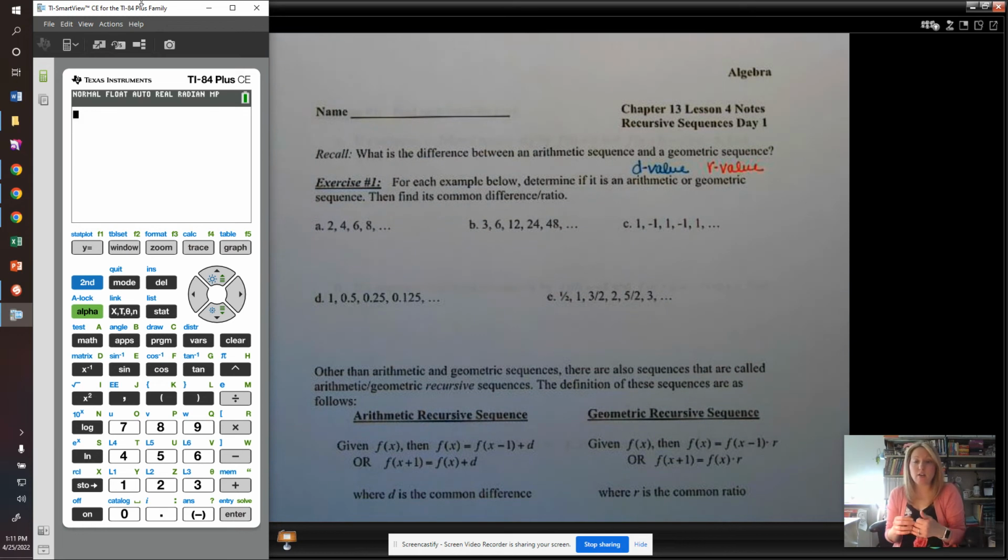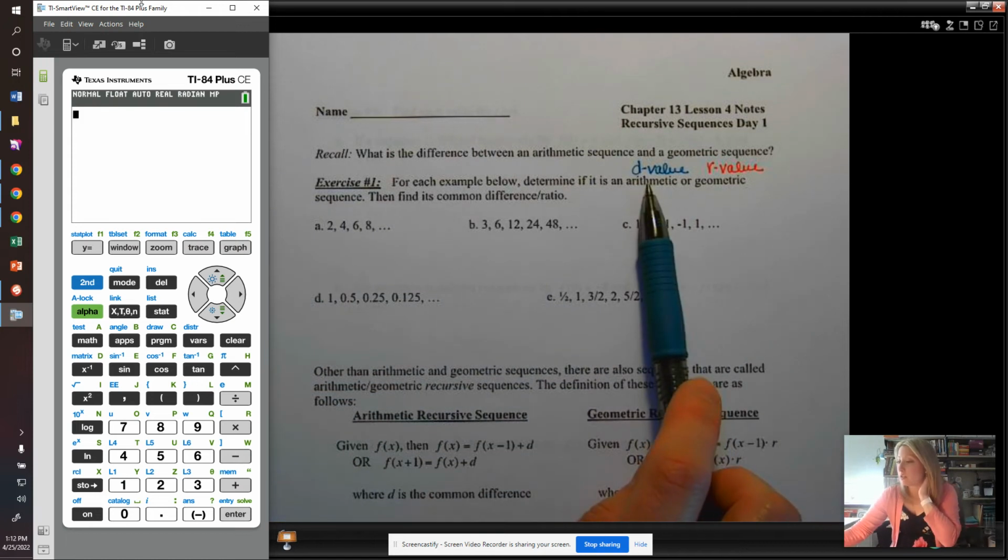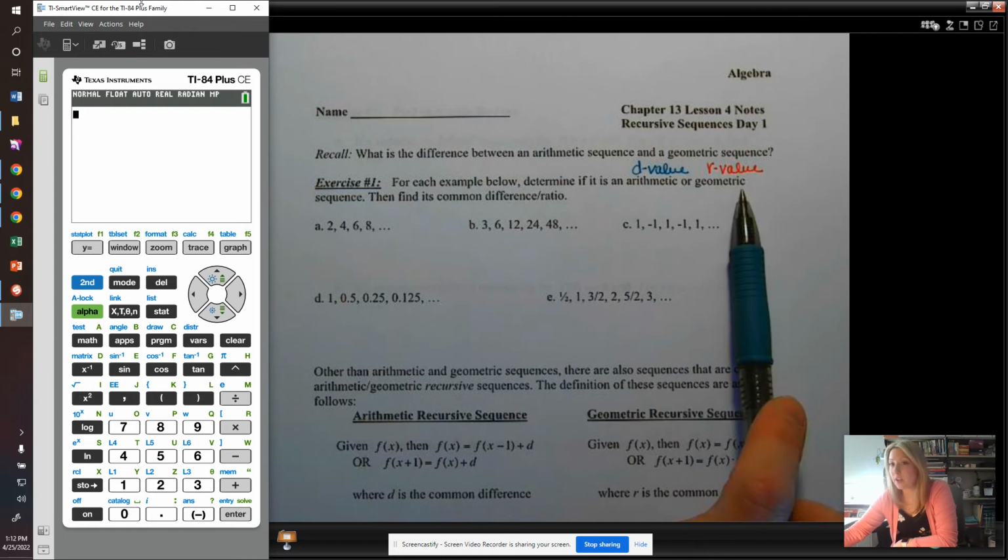Arithmetic sequences are like a linear pattern where we are changing by adding or subtracting the same amount from term to term. Geometric sequences change by multiplying or dividing from term to term by that same amount. So the D value is the common difference and the R value is the common ratio.